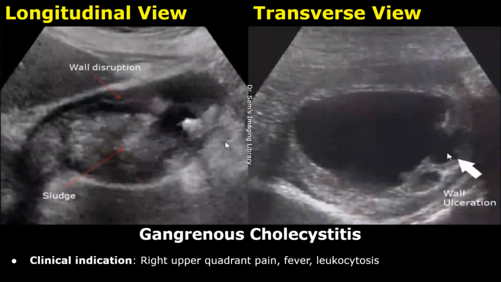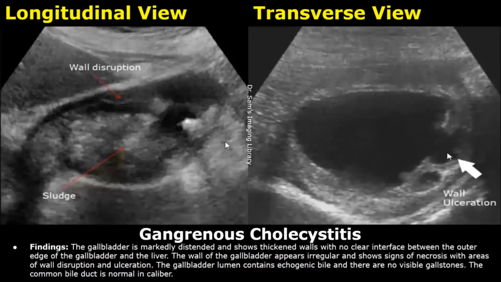The clinical indications for gangrenous cholecystitis can be right upper quadrant pain, fever, or leukocytosis. In the findings, you can write about the distension of gallbladder and its thickened walls with no clear interface between the outer edge of the gallbladder and the liver.